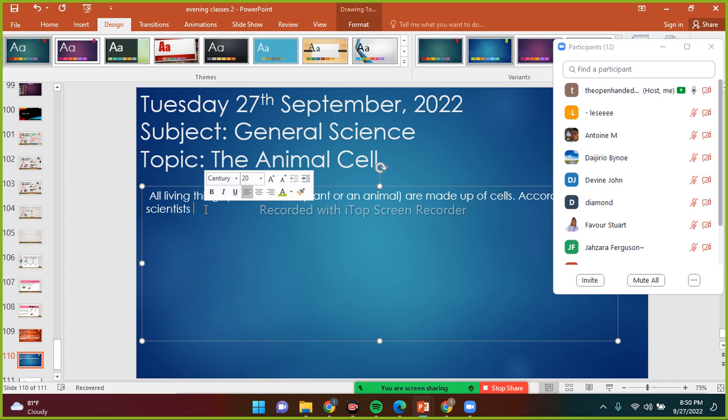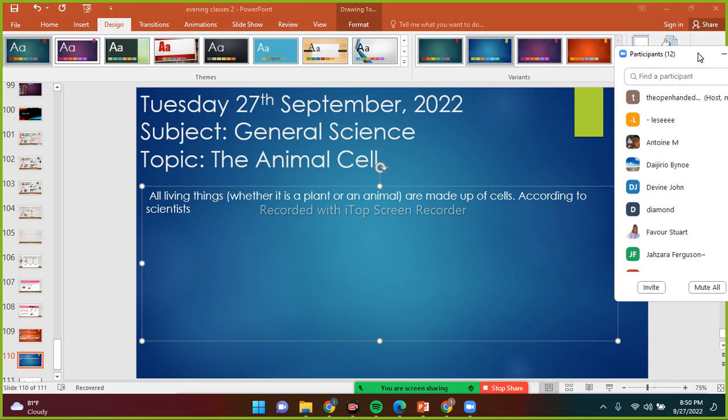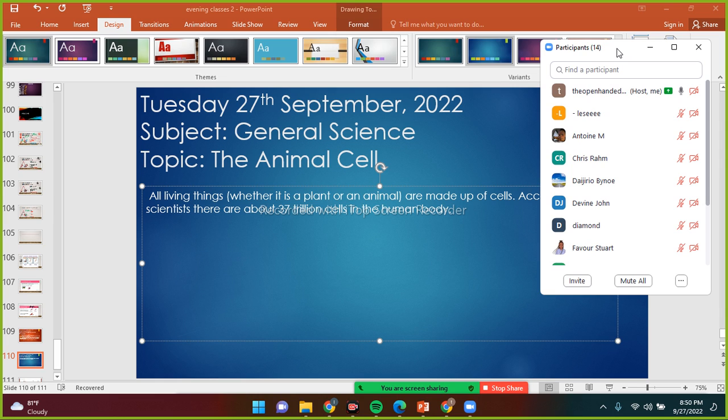Definitely, hands down. So, according to scientists, there are about 37.2 trillion cells in the human body. Now that means that if there's about 37 trillion cells in your body, the cells are very small.